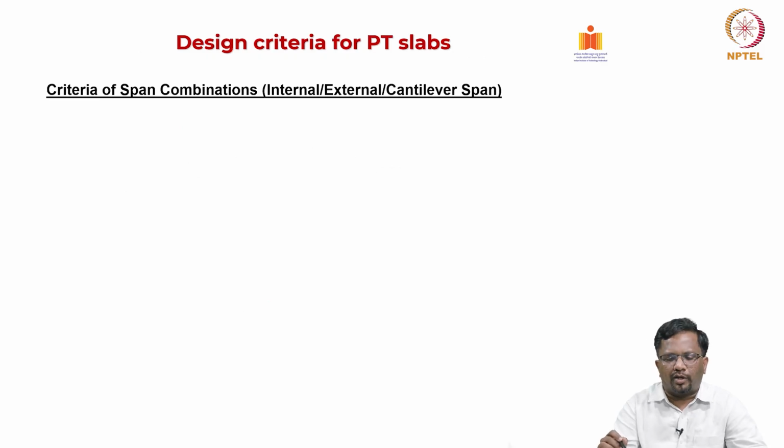Right. Now, what are the criteria for span combinations? We have seen for a continuous system that typically the interior moment will be high and the positive span moment will be higher at the end span.